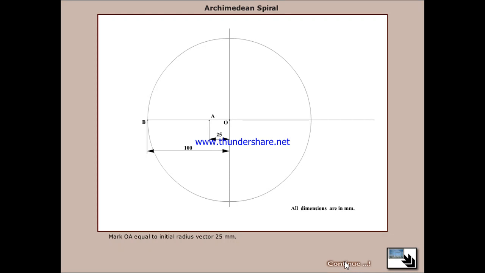With this, mark OA equal to the initial radius vector, 25 mm. Divide AB into 12 equal parts. Now divide the circle into 12 equal parts.